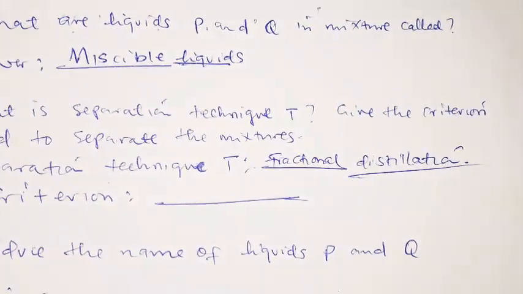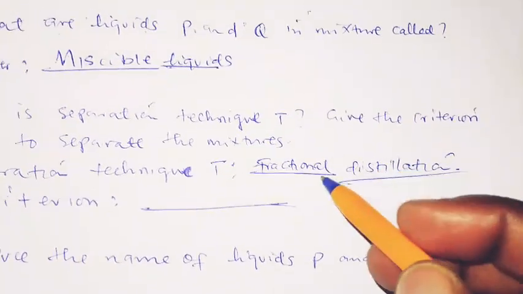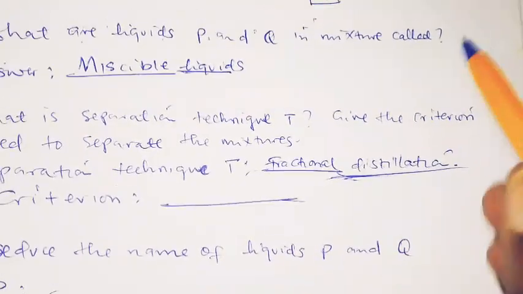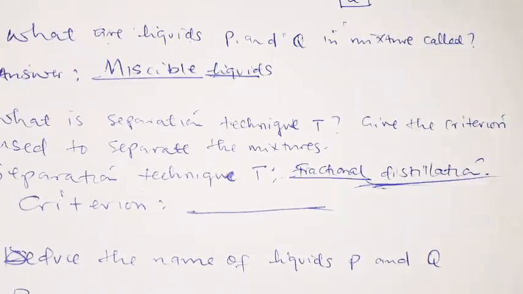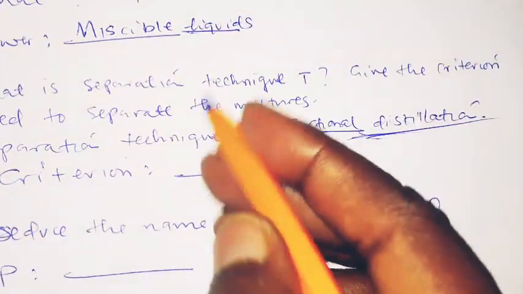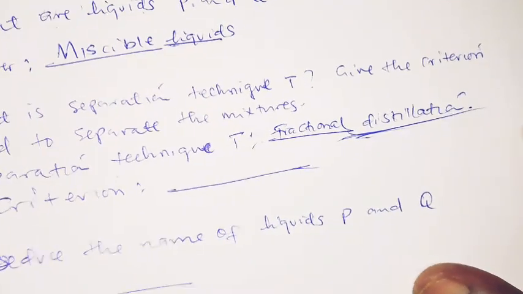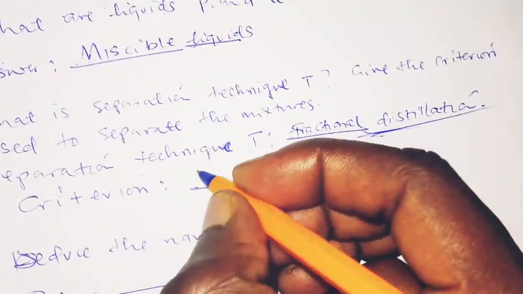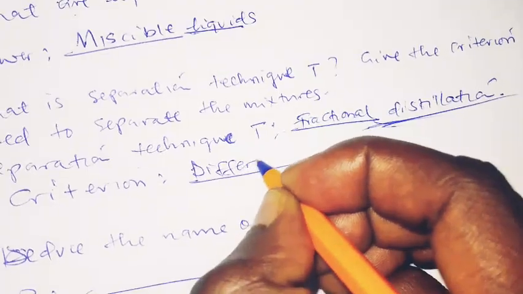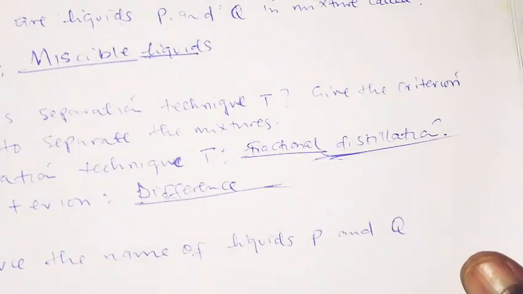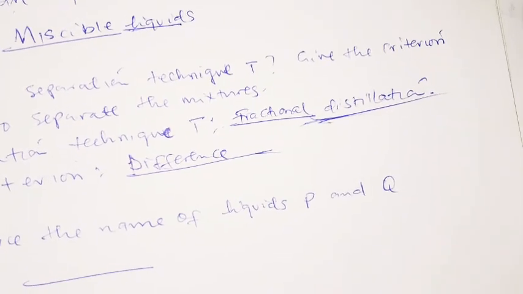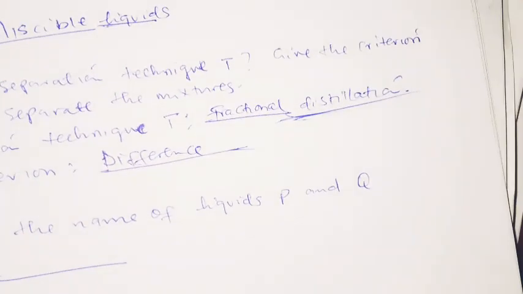Criterion. The criterion is the thing to consider as you are trying to carry out the process. Since we know that the two substances can be mixed completely, the criterion here is that you consider the difference in the boiling points between the two substances. For example, water and ethanol boil at different temperatures, of which ethanol boils at 78 degrees Celsius, and water boils at 100 degrees Celsius.